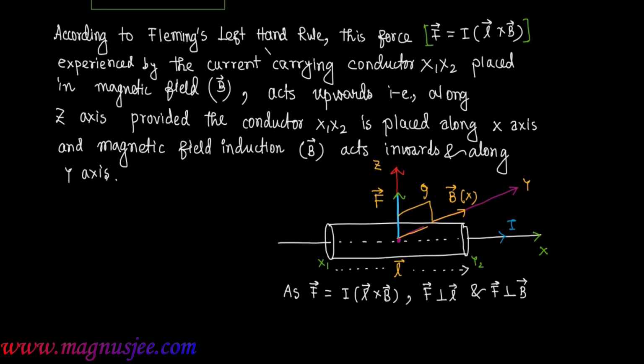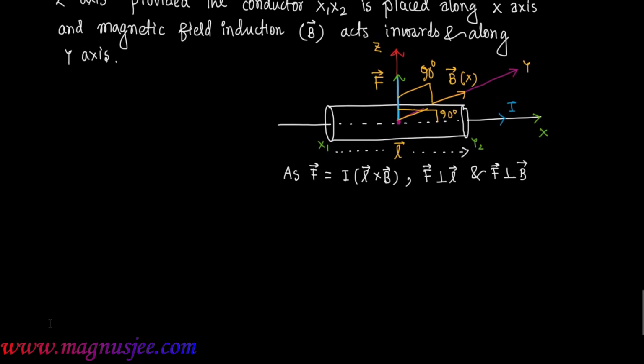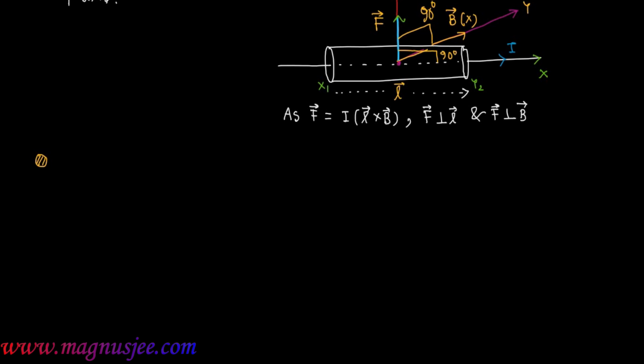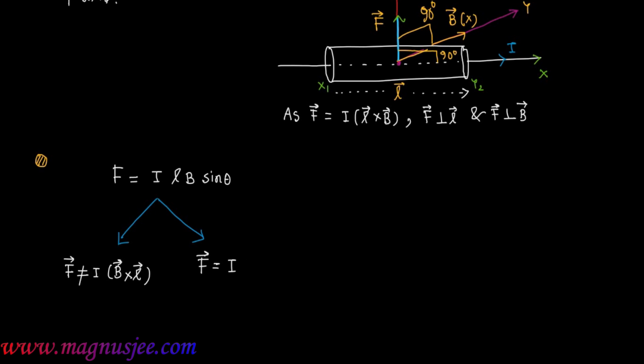That means vector F is perpendicular to B and to vector L of the conductor. Therefore, F equals I L B sin theta, the force experienced by the long straight conductor. Here vector F is not equal to I vector B cross vector L, but vector F equals I vector L cross vector B.